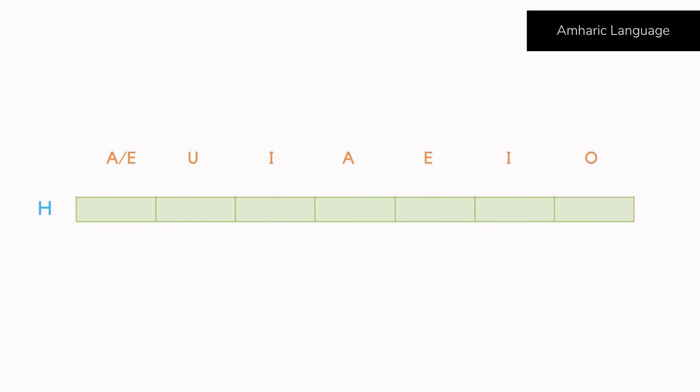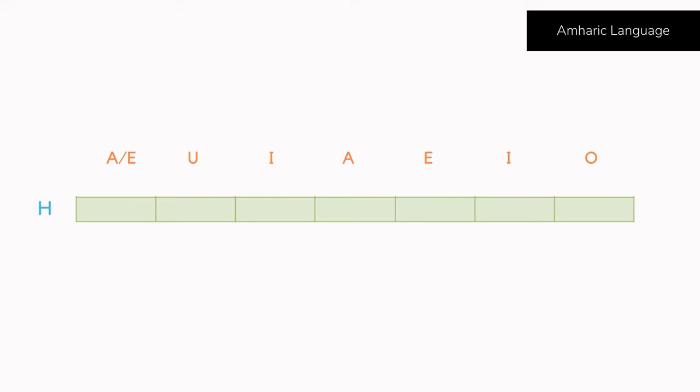It is either A, U, E, A, E, O. So basically, the letters the columns of the Amharic alphabetic table take with them are the English vowel letters.